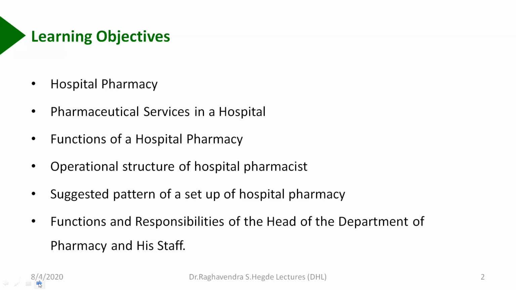Then we'll be seeing the operational structure of a hospital pharmacy with a beautiful illustration, a suggested pattern of a setup of hospital pharmacy, and lastly we'll be covering the functions, roles and responsibilities of the head of the department and the pharmacy and his allied staff. So let us begin the session.